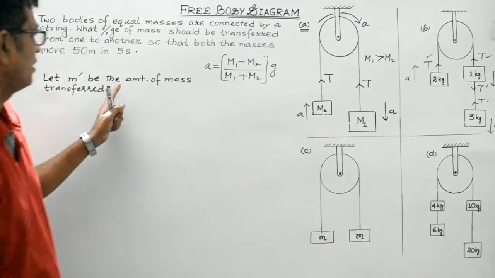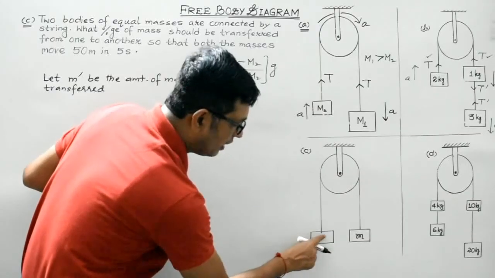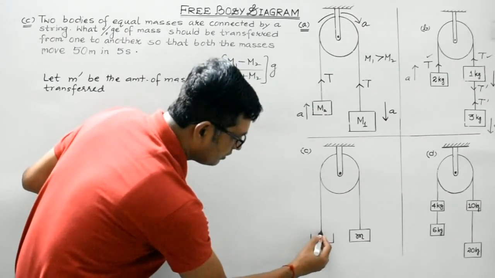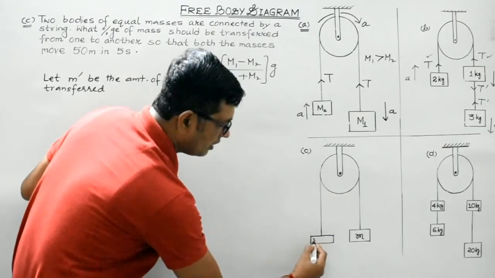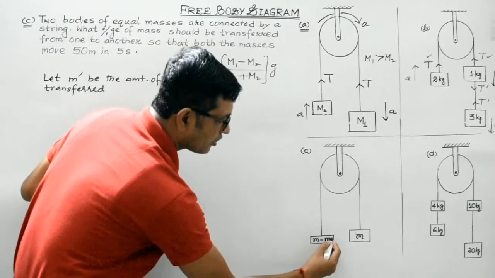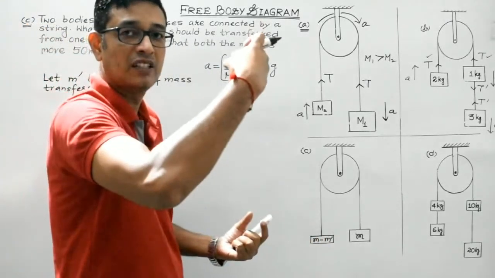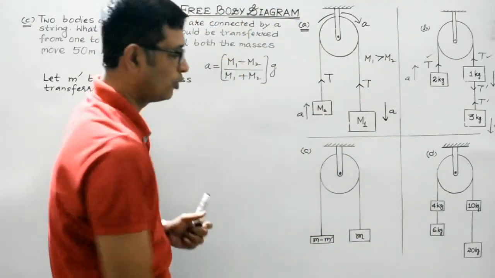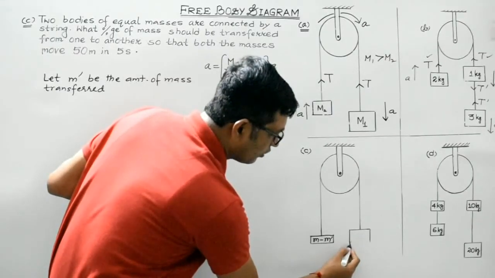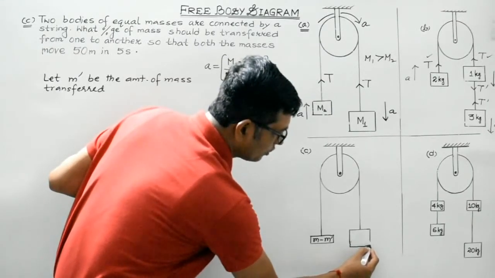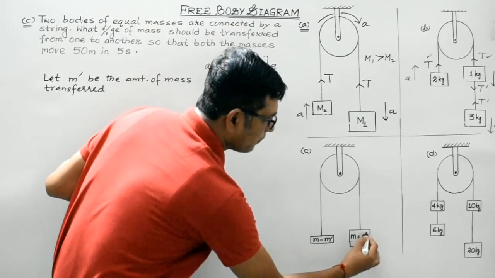So if m dash is the amount of mass that is transferred from this body, this body will now have a mass less than its initial mass. Now it can be written as m minus m dash. Am I clear, students? M dash mass is being taken from it and added to the other body. The mass of this body will obviously increase. Suppose now its mass is increased to m plus m dash.